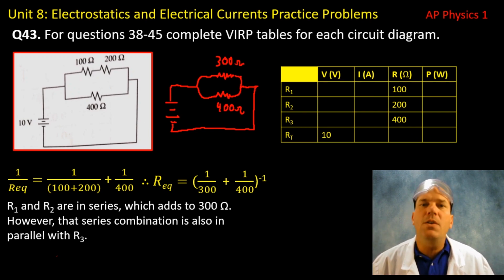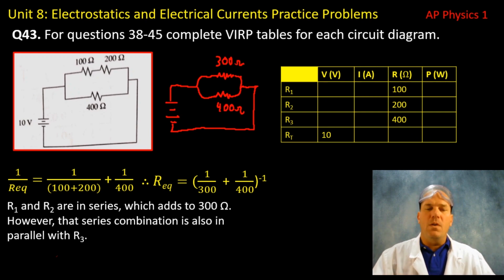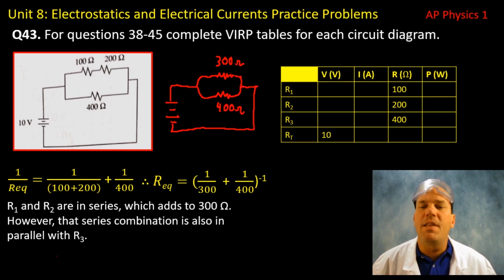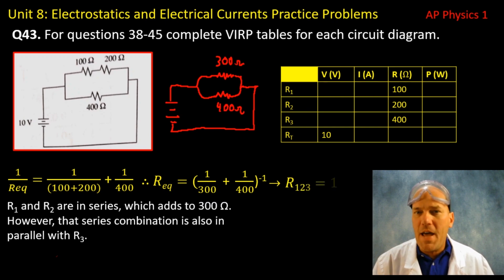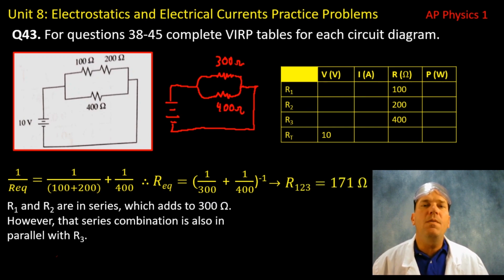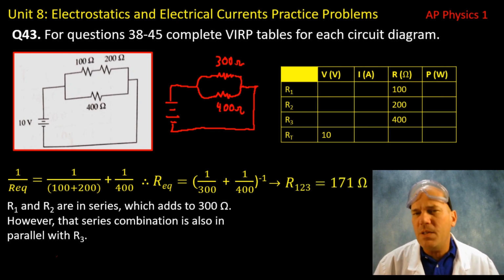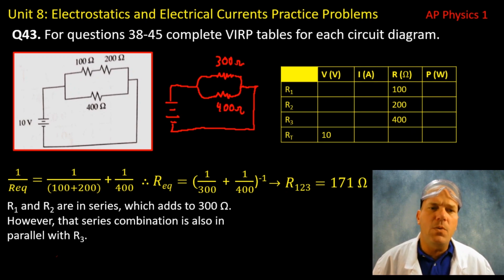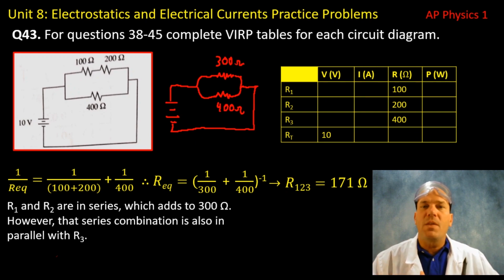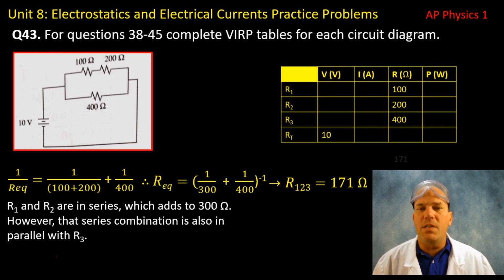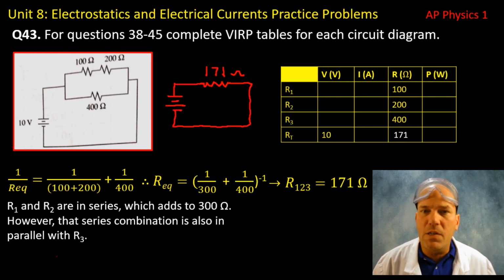What you need to do is the 1 over 300 plus the 1 over 400, and then take the inverse of that to get the equivalent resistor. Note the use of the subscripts 1, 2, 3, which denotes that this is the equivalent resistance for this entire circuit, which means it is the total resistance for this entire circuit.